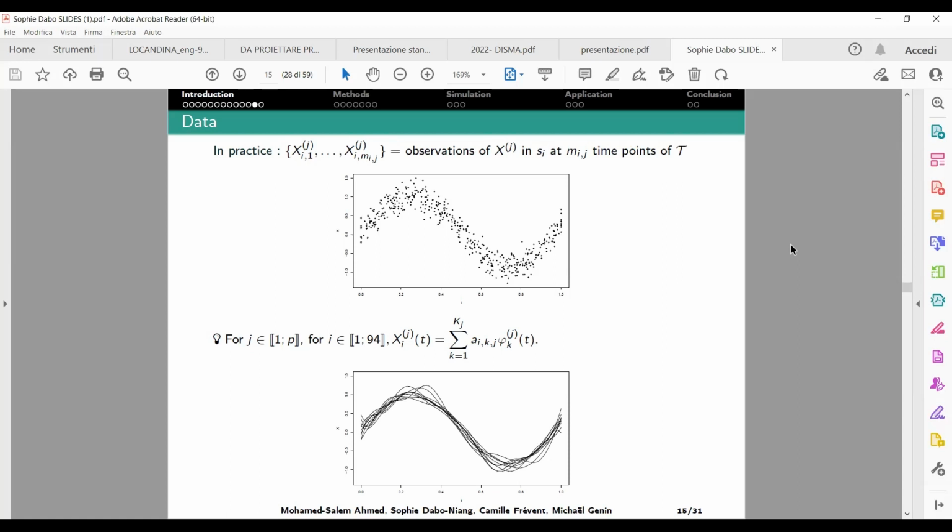B-spline is the most useful function in the literature, but it depends on the characteristics of the function you are dealing with. B-spline or principal components or Fourier basis functions or wavelets may also be used, or non-parametric smoothing using kernel smoothing may also be used.